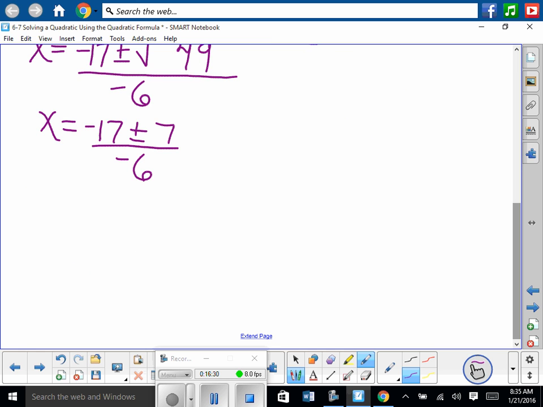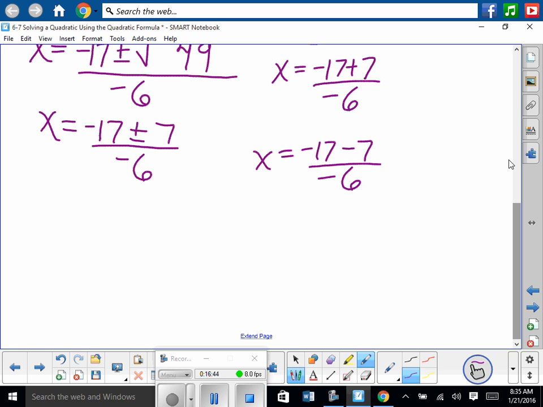Okay. So then I split it up and say, okay, I have x is equal to negative 17 plus 7 over negative 6. I have x is equal to negative 17 minus 7 over negative 6. And then simplify it on top. Well, up here, negative 17 plus 7 is negative 10 over negative 6. Type it into your calculator.